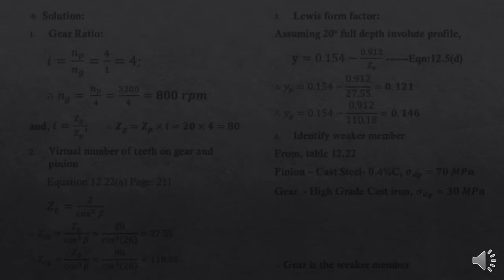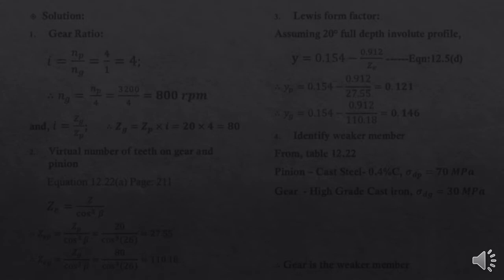Okay, so the solution to the helical gear problem is very similar to that of spur gears, but we make an assumption of formative number of teeth. You would have seen in the previous PPT, the introduction PPT to helical gears that I had uploaded, this concept of formative number of teeth or virtual number of teeth, which is an assumption that we make.